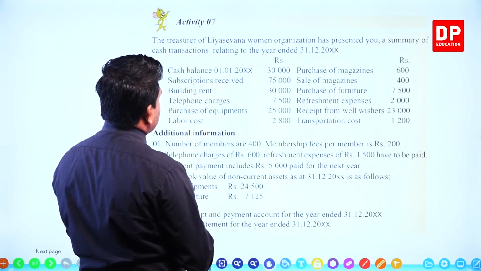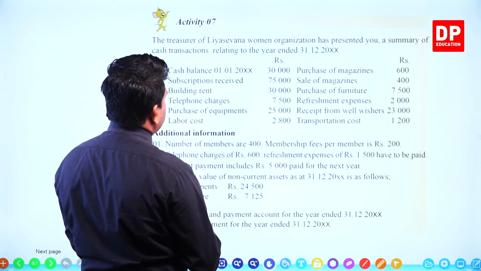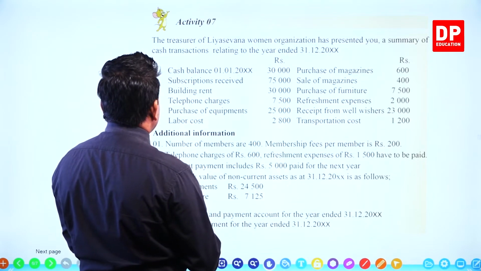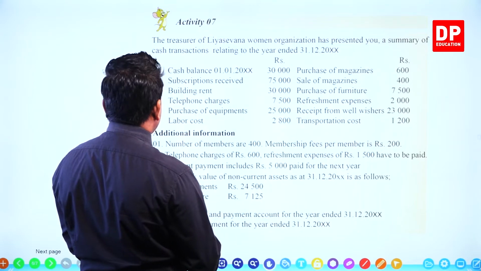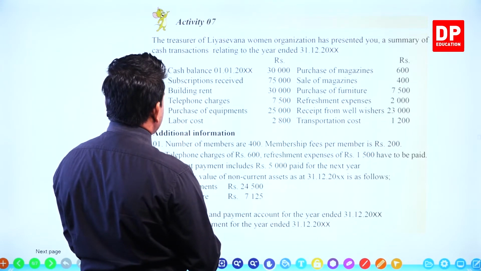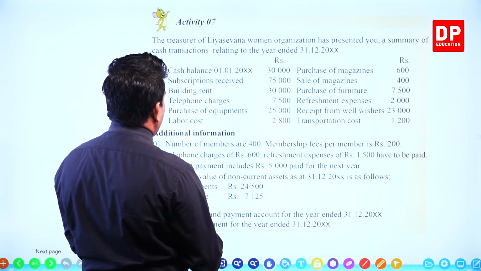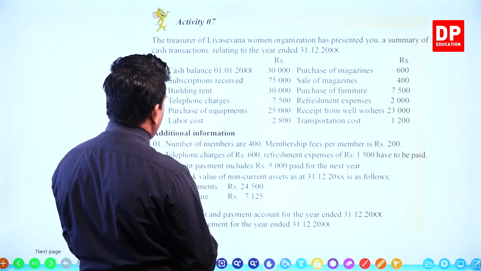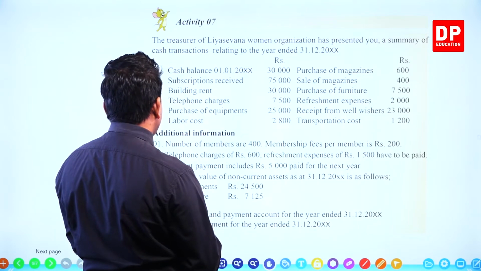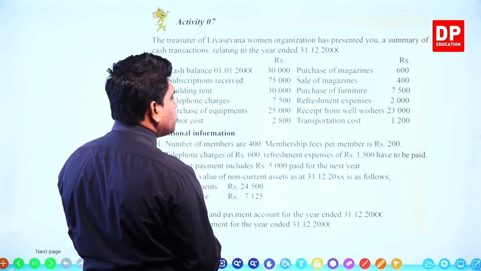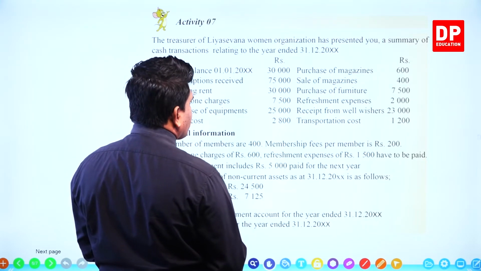Cash balance on 1st of January 30,000. Subscriptions received 75,000. Building rent 30,000. Telephone charges 7,500. Purchase of equipments 25,000. Labor cost 2,800.